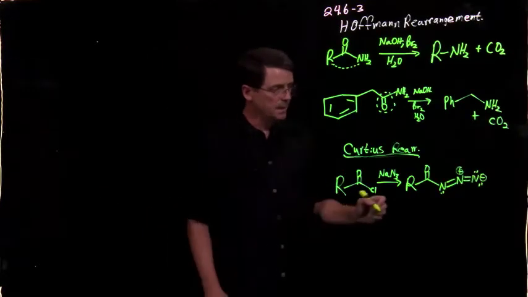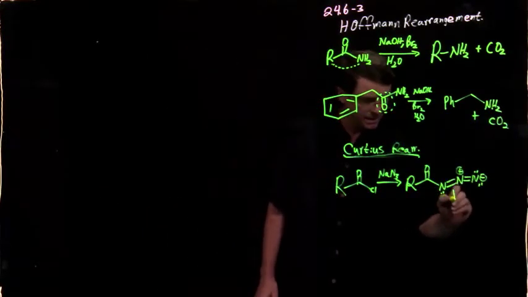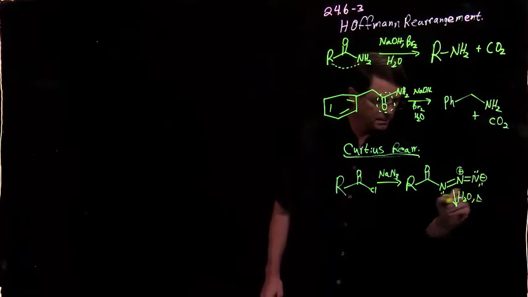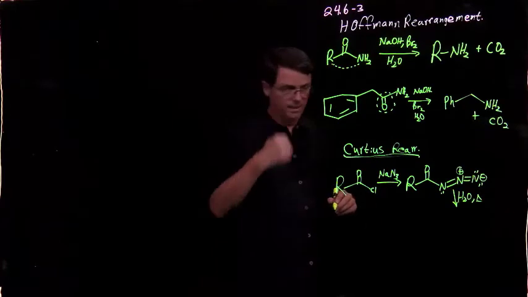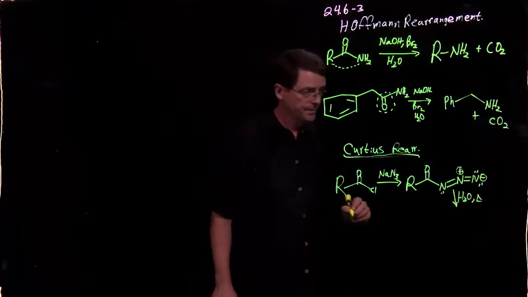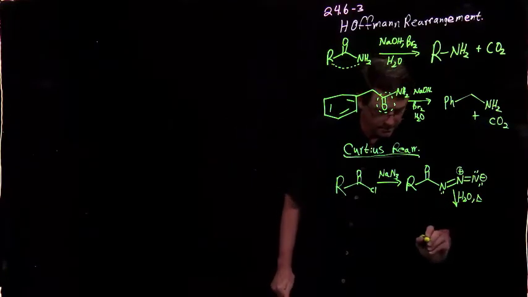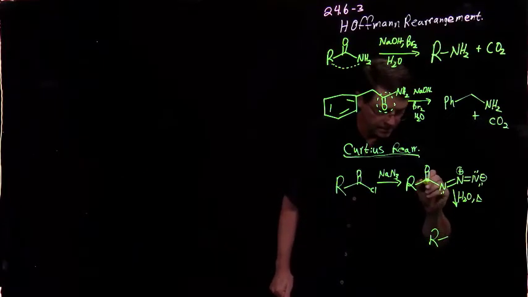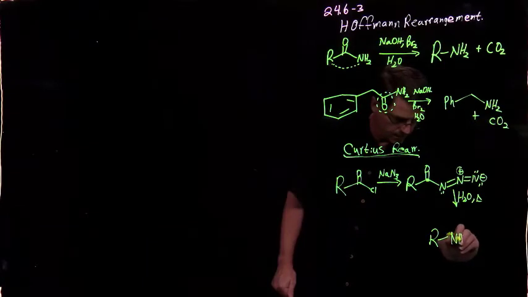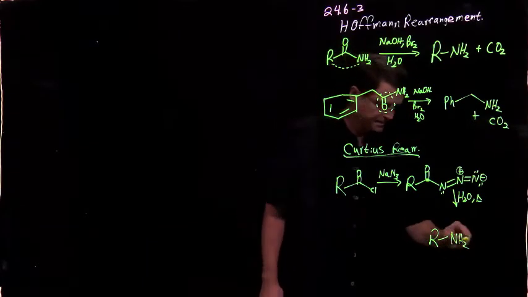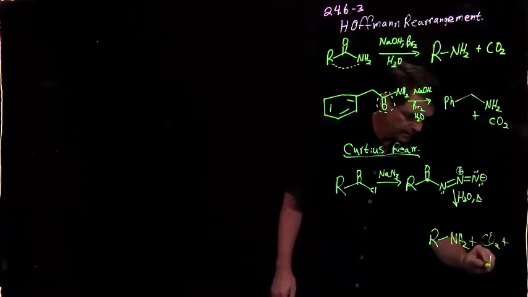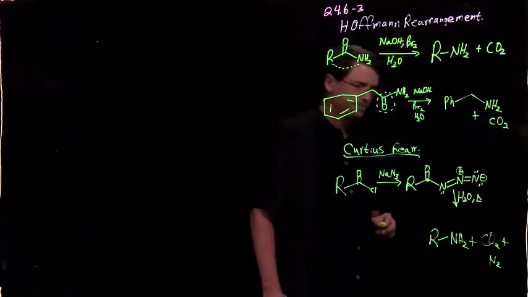That acyl azide, when it is treated in water with heat, undergoes a rearrangement. Also, there's a loss of the carbonyl carbon again, but we get back to a primary amine, CO2 plus N2.